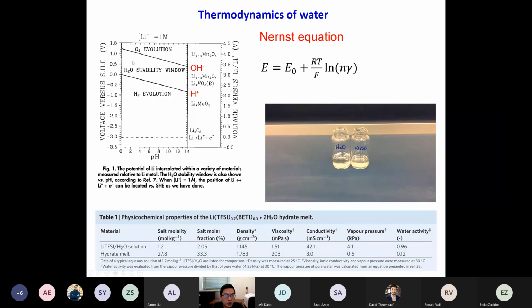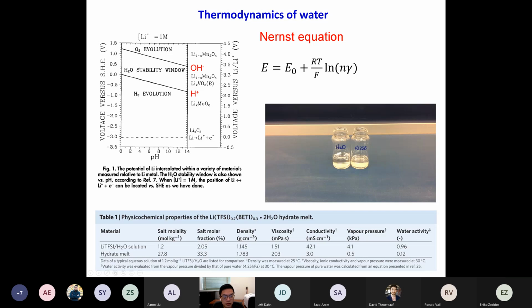So when we change the pH value of the aqueous solution, we are largely changing the concentration of the proton and hydroxide groups. So according to the Nernst equation, if you change the concentration of the reactants, you will largely change the reaction potentials, right?